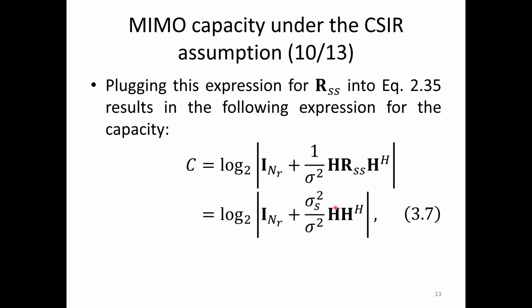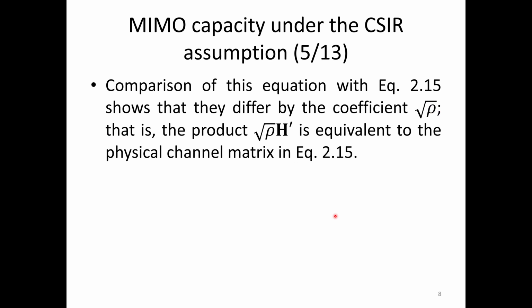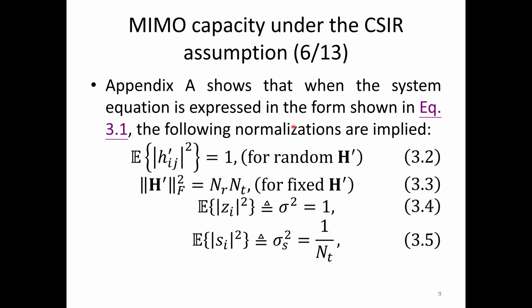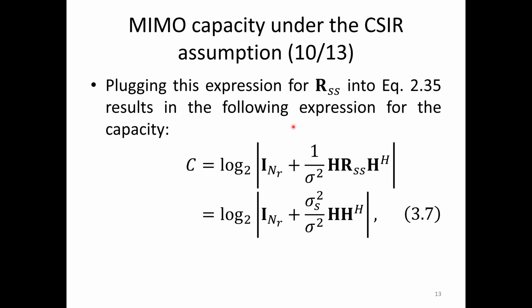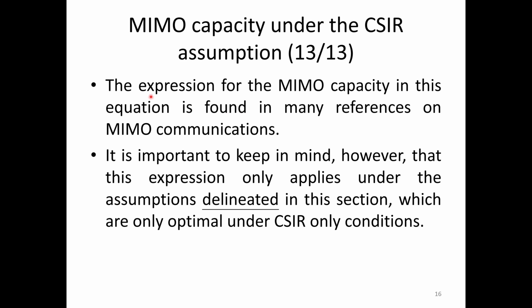Because H is equal to the square root of rho times H prime, for H times H Hermitian together, we will have a term rho, and H becomes H prime Hermitian.